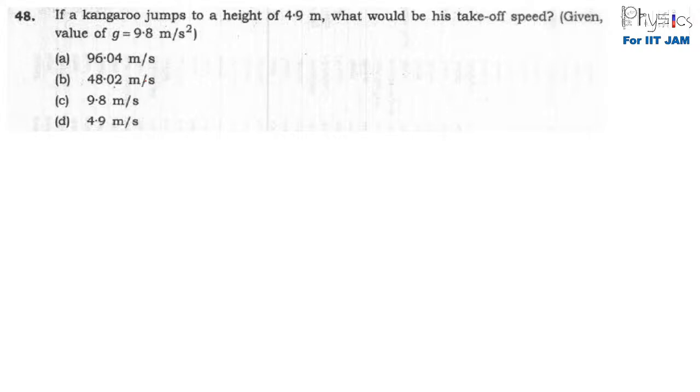The options given here are: option A 96.04 meter per second, option B 48.02 meter per second, option C 9.8 meter per second, option D 4.9 meter per second. Tell me which one is the correct answer here.